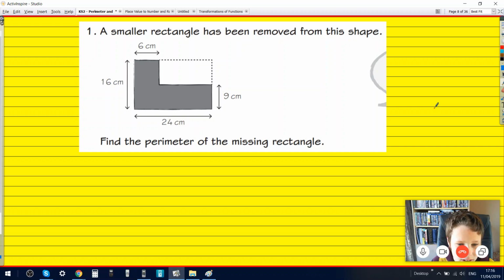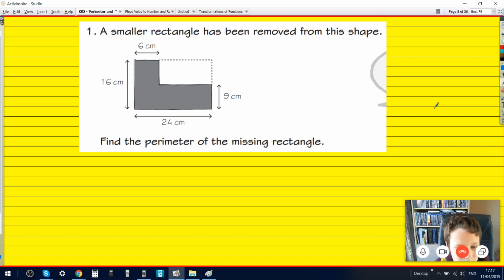And so, looking at the 6 centimeters, if we were to extend that all the way across the shape, including where the smaller rectangle is, then it would be a total of 24 centimeters. And the same goes for the 9 centimeters. If that were to extend up to where the rectangle ends at the top, then that would be 16 centimeters.